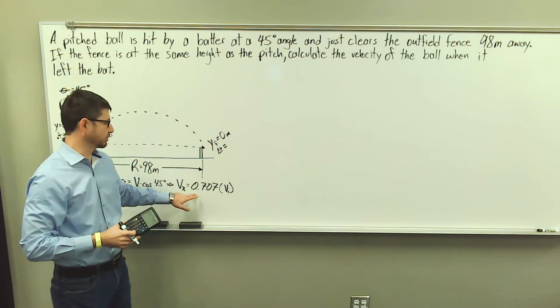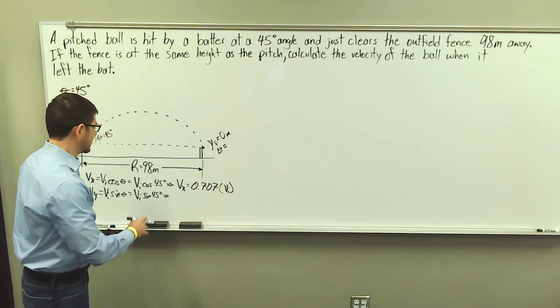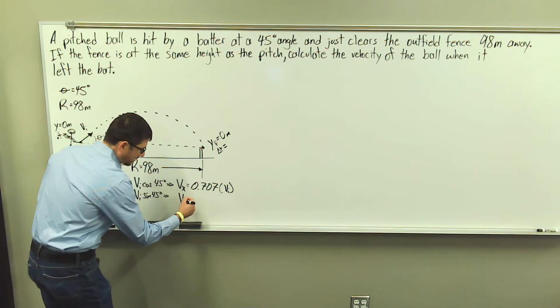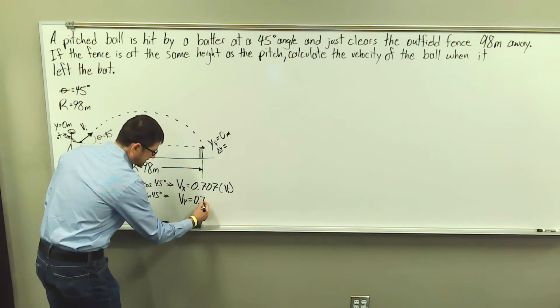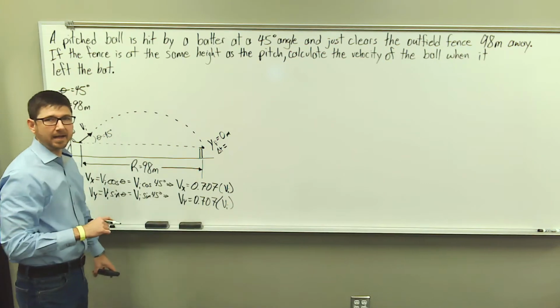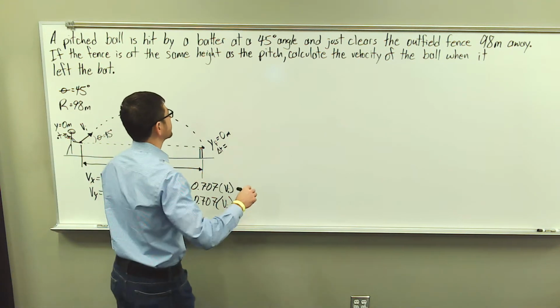I just want to put the numerical value in front of our variable here. The velocity in the y direction is going to be 0.707 v sub i.